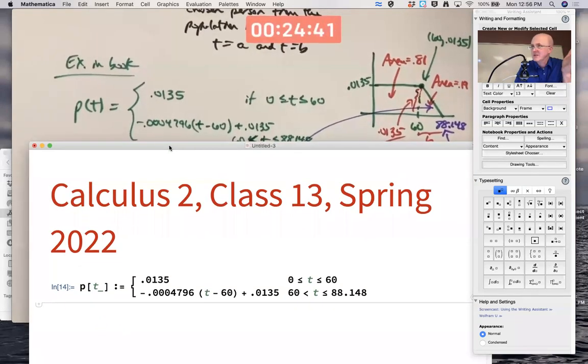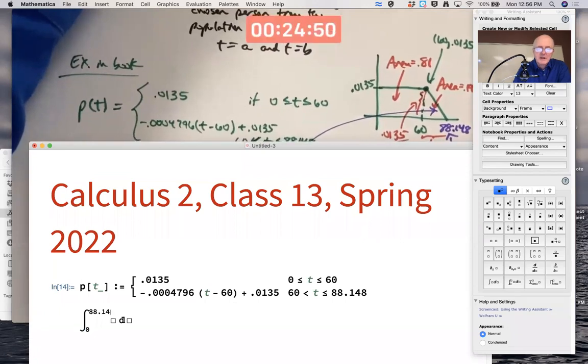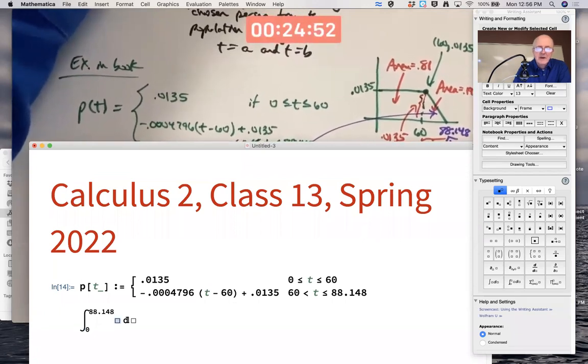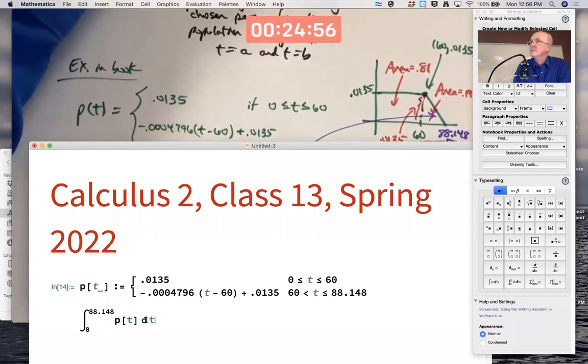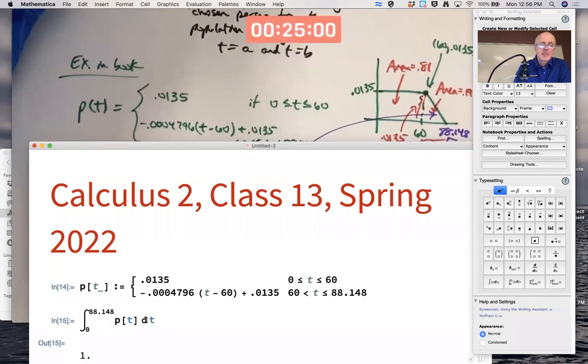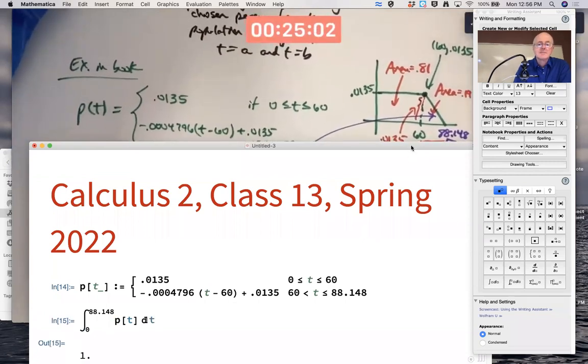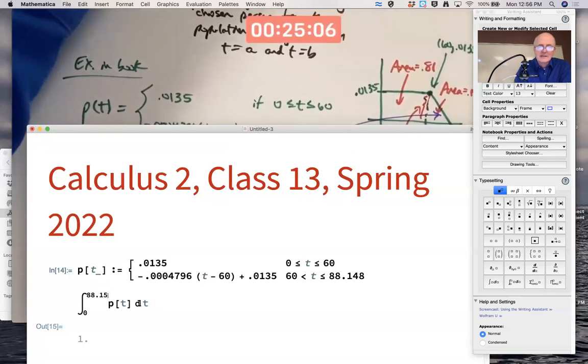Now, I did approximations here. So when I integrate this, it's not going to give me exactly 1, but it should be very close. Integrating the PDF in general is supposed to give you 1, representing 100% of the population. Okay, it did round it to 1. If I had rounded this further to 88.15, as I did in the previous section, it's still rounding to 1.